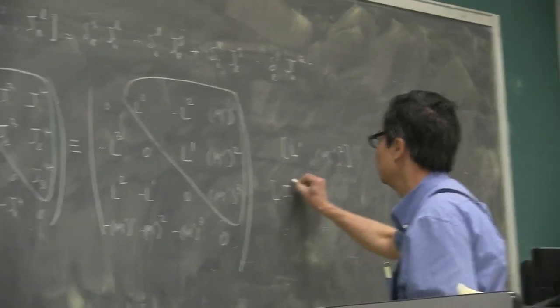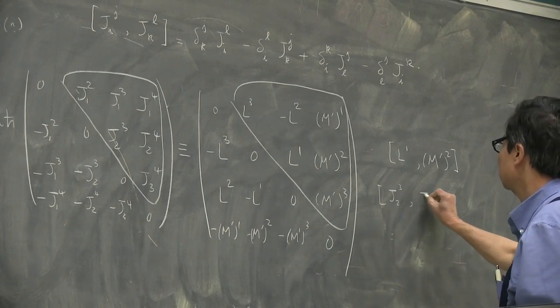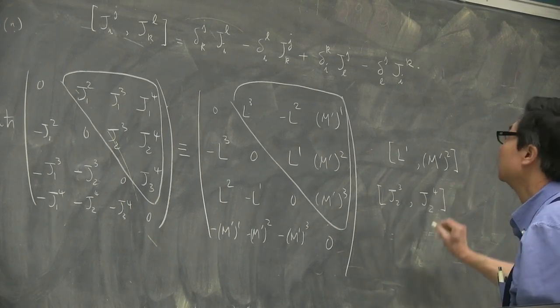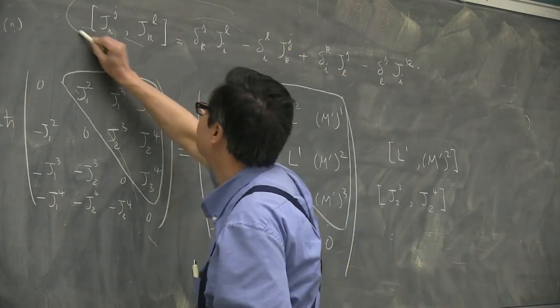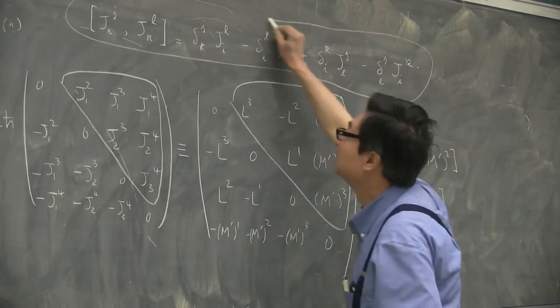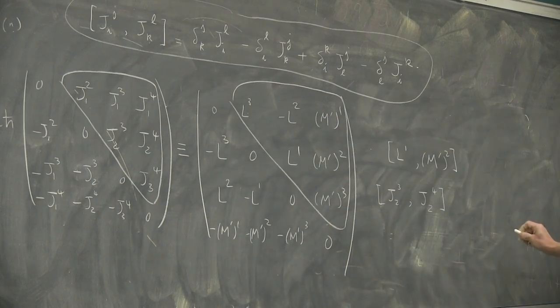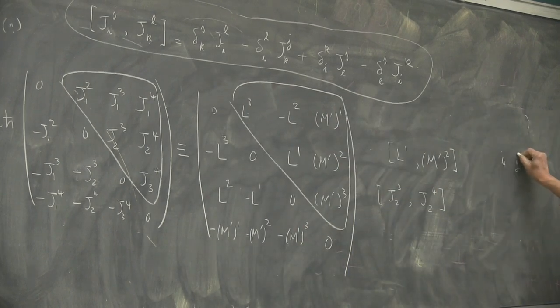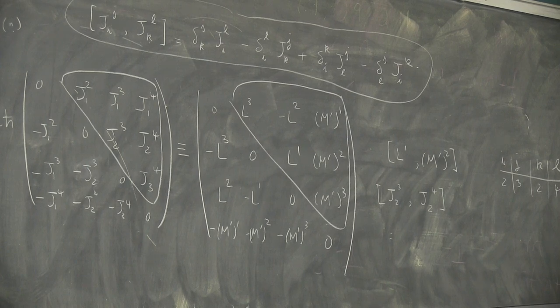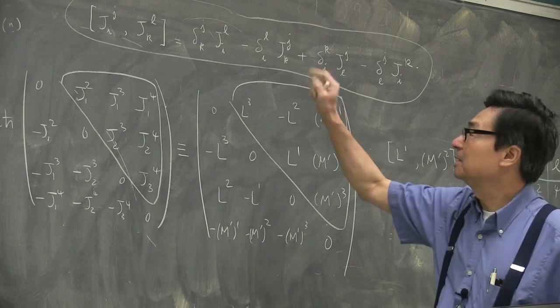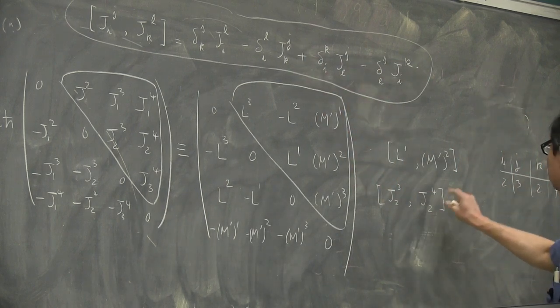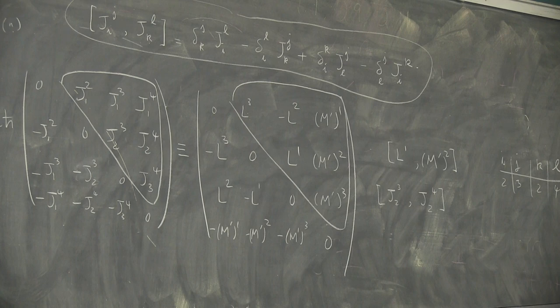So let's do J23, J24, and now I apply this. So i, j, k, l have the values 2, 3, 2, 4. Is that right? Okay. Here we go.